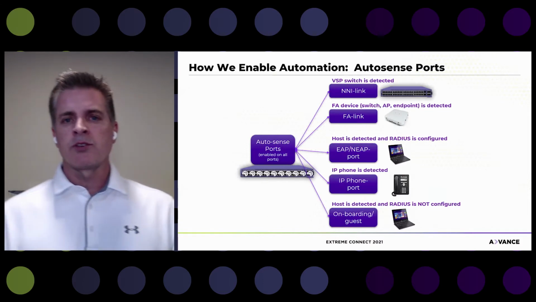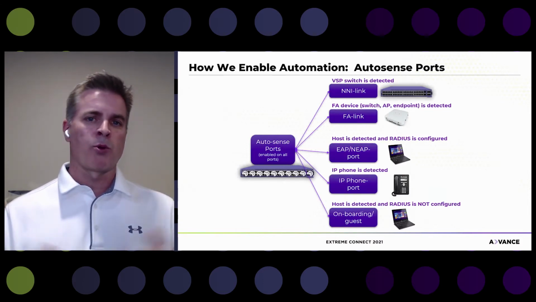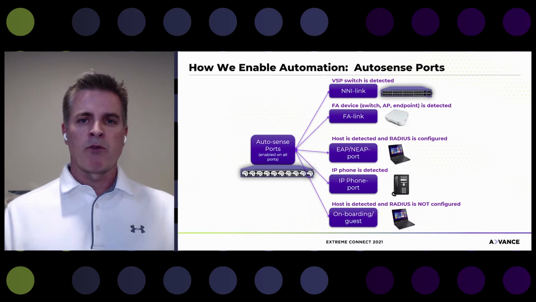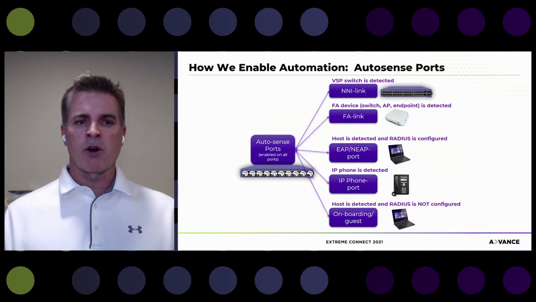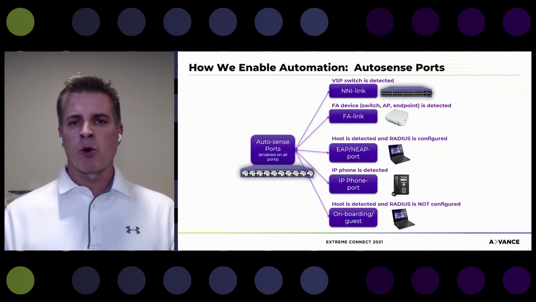And the way that we do this is with this new Autosense port capability. And with a VOS 8.3 switch, all the ports are Autosense enabled by default, and the port state will change depending on the device that you plug into that port.